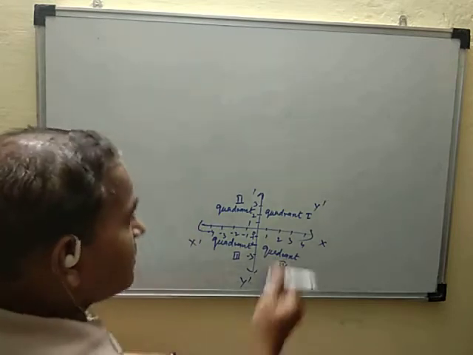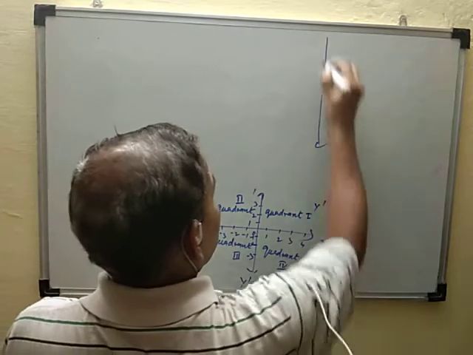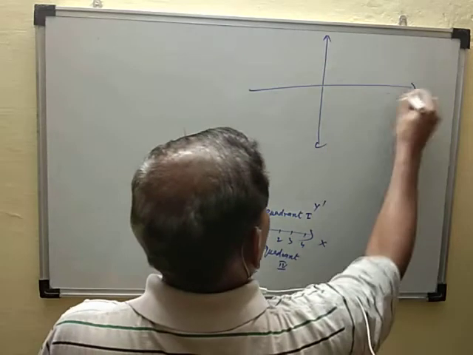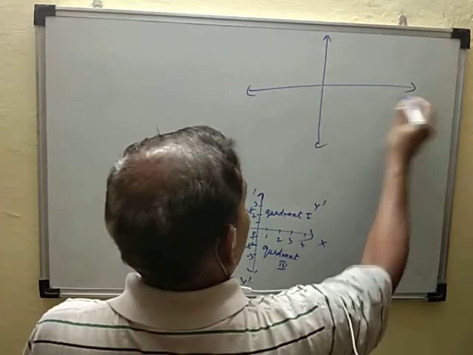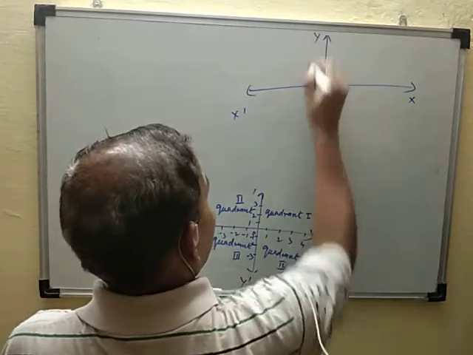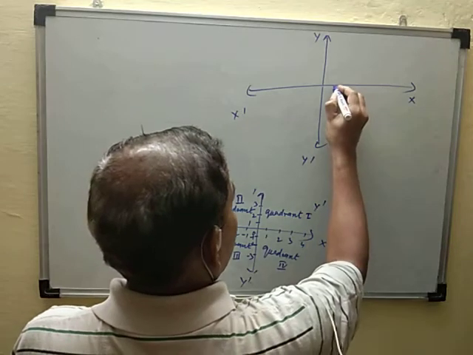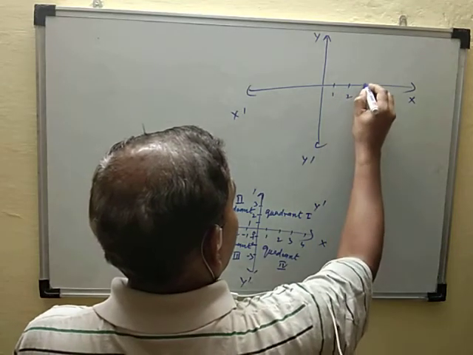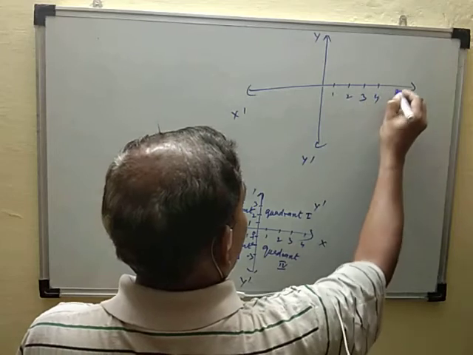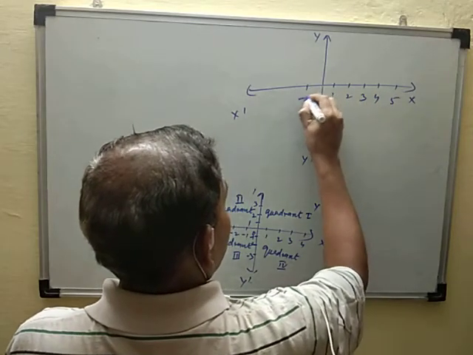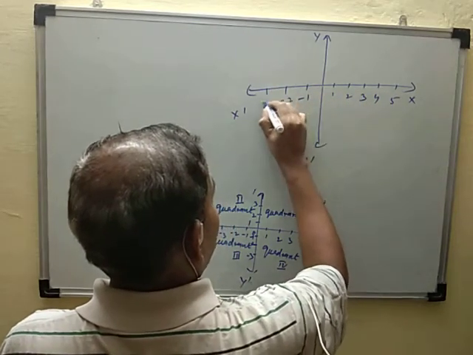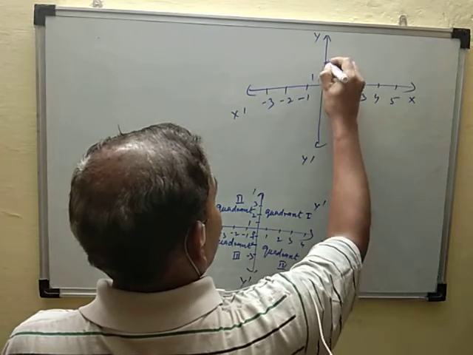नाउ नेक्स्ट फिगर. ये x-axis, x dash, y and y dash. Suppose points here 1, 2, 3, 4, 5, here -1, -2, -3.